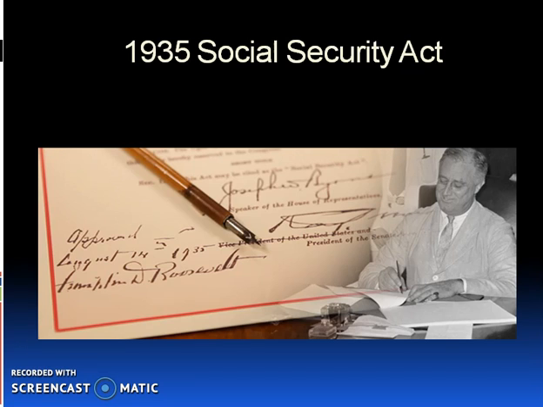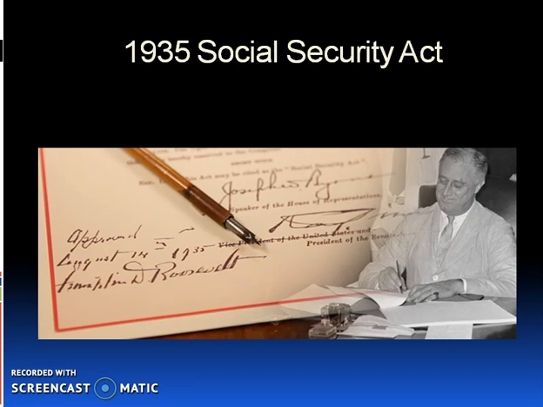During the Great Depression, poverty among the elderly grew dramatically. So the best estimates are that in 1934, over half of the elderly in America lacked sufficient income to be self-supporting. That's a little crazy.